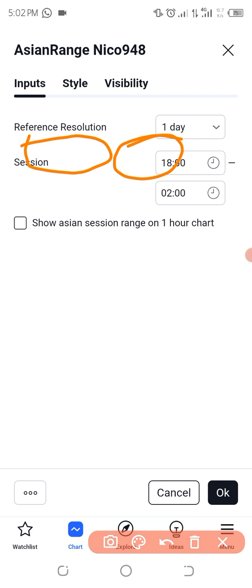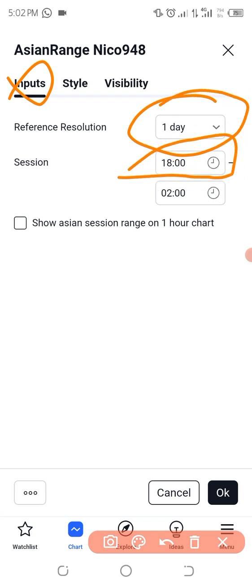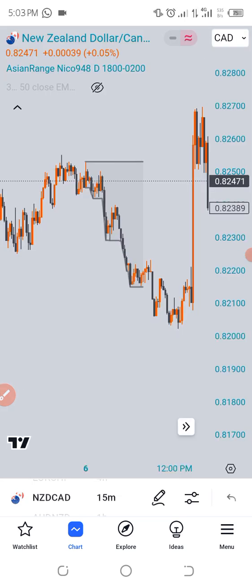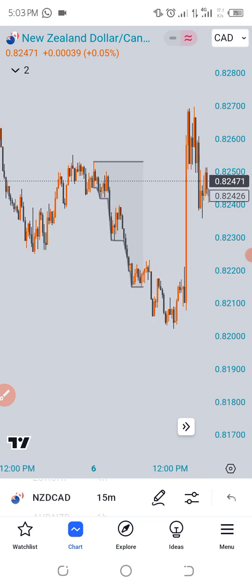So you go to input, and make sure you set yours at 1 day, your session 1800, and just set it exactly like this, and you click on OK. Once you do that, your Asian range indicator will automatically align with mine, so that you'll be able to identify setups when they form.